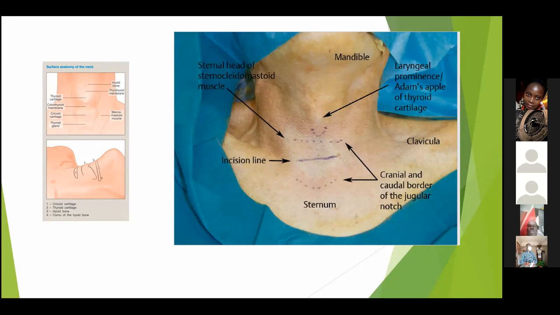Okay, for the cricothyroidotomy, you're going to create an opening into the cricothyroid membrane. We know where the thyroid is. In this picture, it should be where we know the thyroid notch, right? And we can actually palpate for the cricoid itself. We feel the thyroid cartilage and then the cricoid.